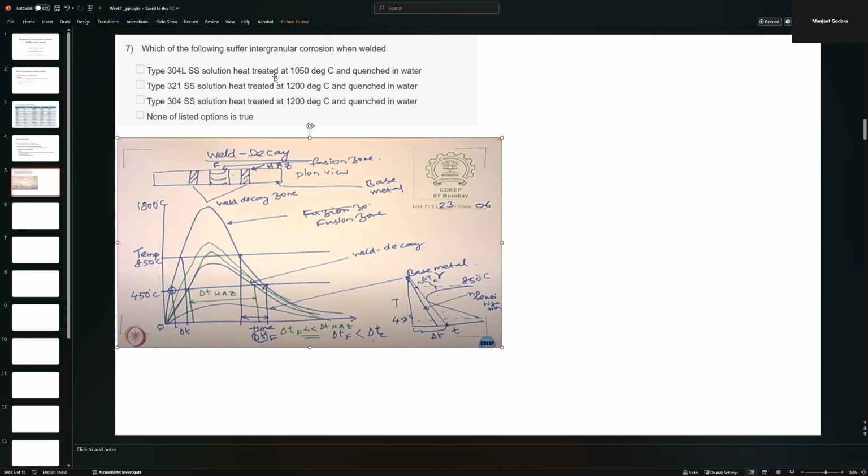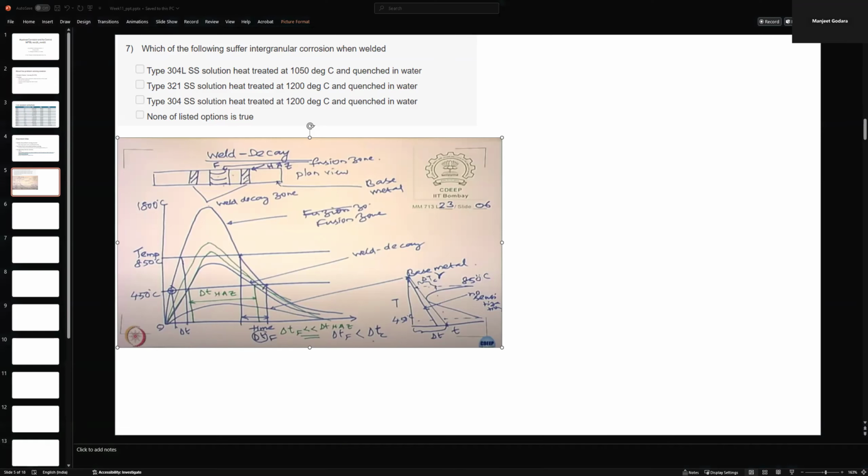Talking about after the heat treatment, since it has lower carbon, it will form a lesser amount of carbide.